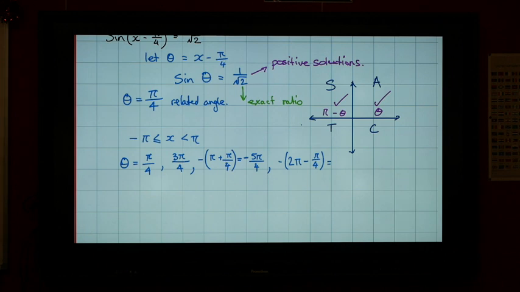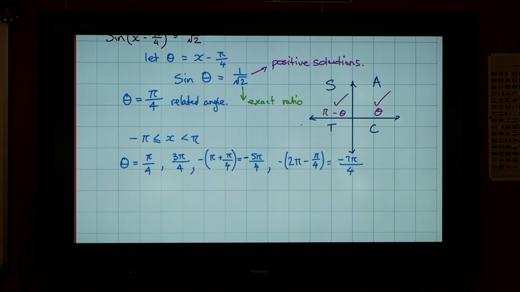Yes. Negative 7 pi over 4. So they're some of the solutions I'm looking for. We've done one lap in a positive direction, and one lap in a negative direction, because we had a negative rotation and we had a positive rotation. Is that okay? Cool?